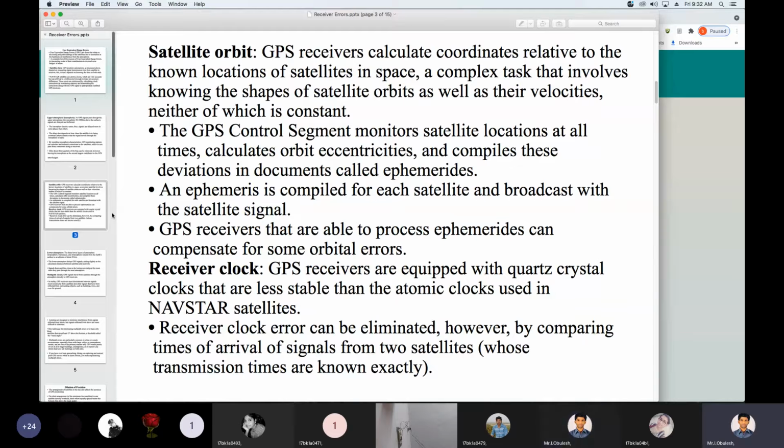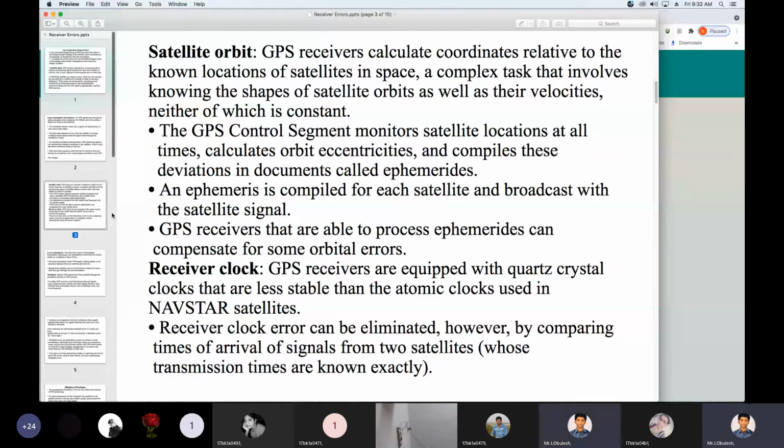An ephemeris is compiled for each satellite and broadcast with the satellite signal. GPS receivers that are able to process ephemerides can compensate for some orbital errors.